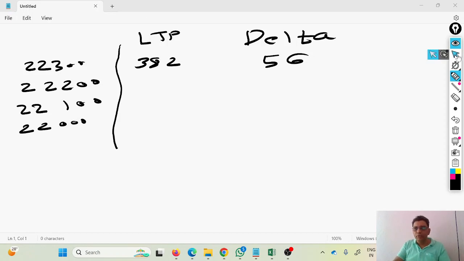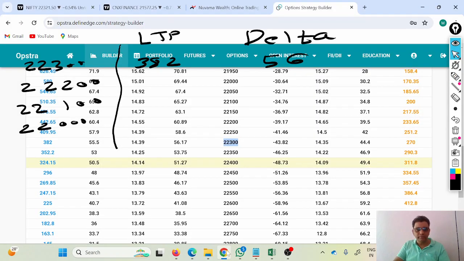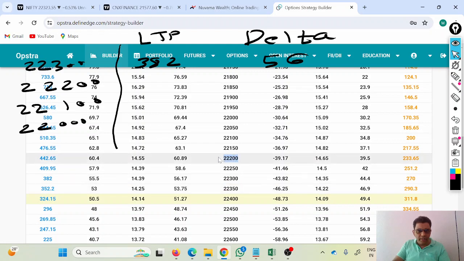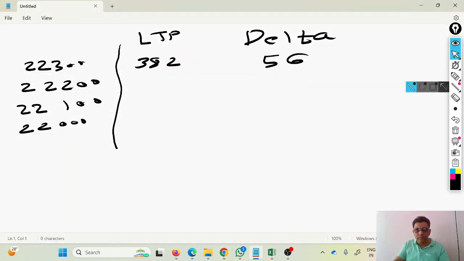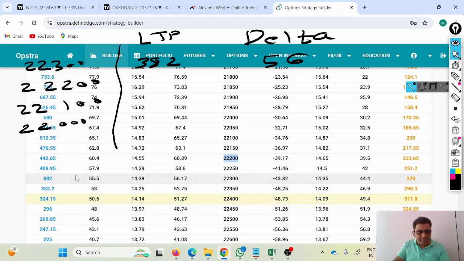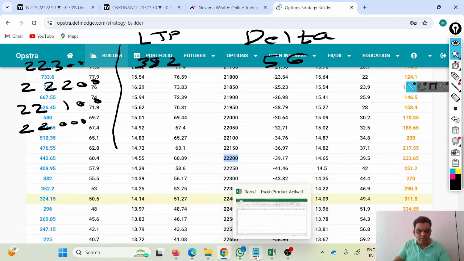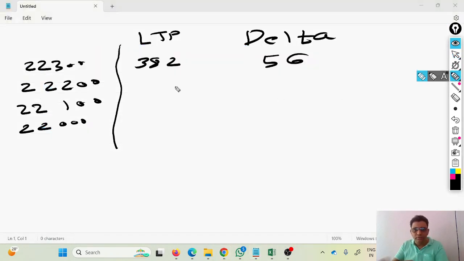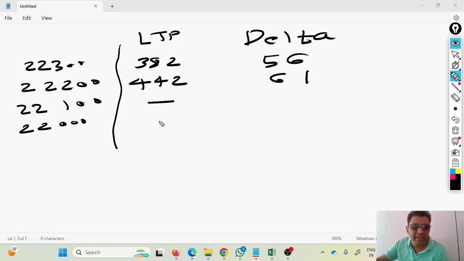Then the next one, 22,200: its value is 442 and the delta is 61. Of course, the LTP for the other strike prices is not required. Even if we copy only the delta part, that is sufficient to understand the concept.